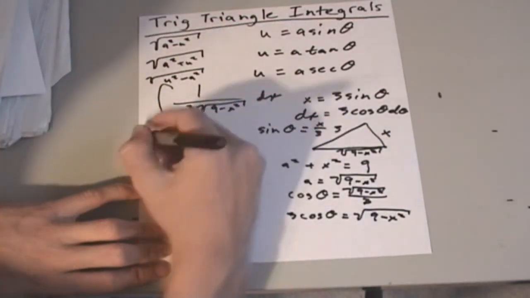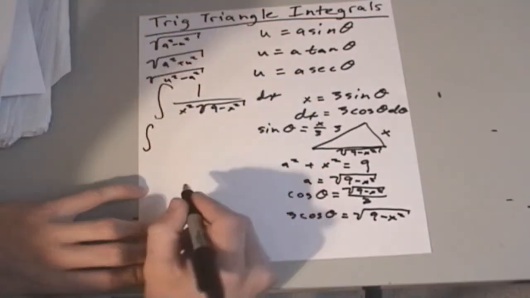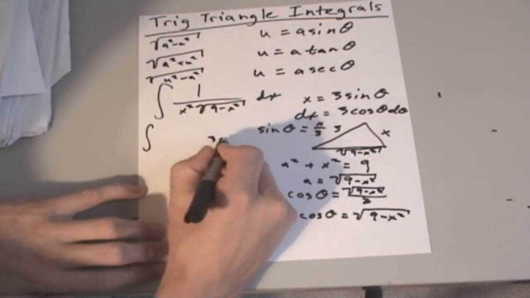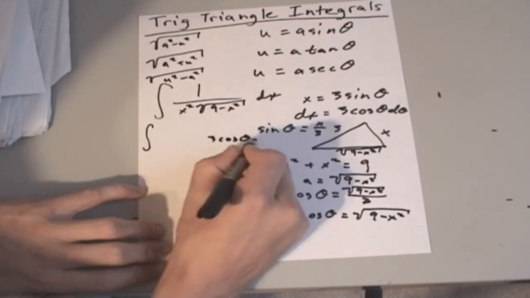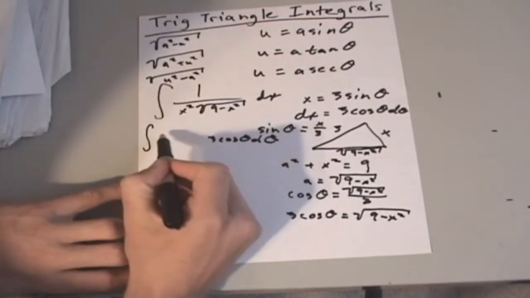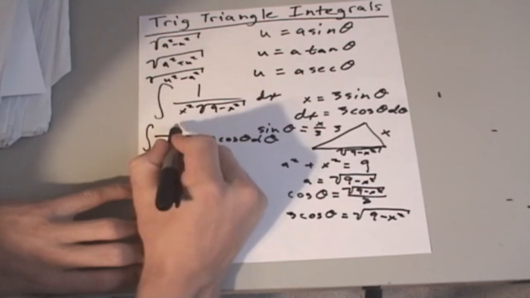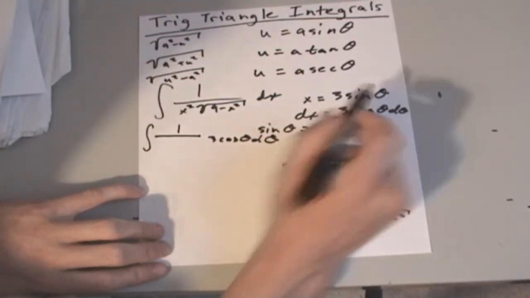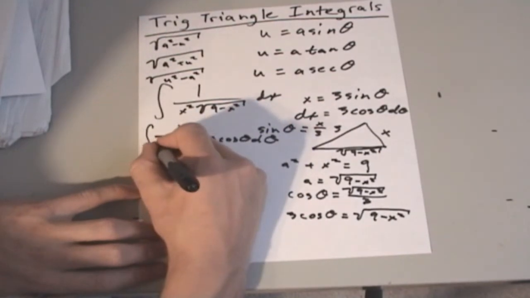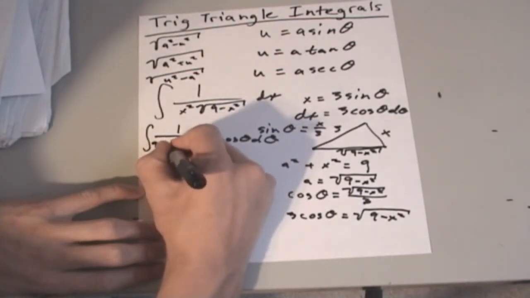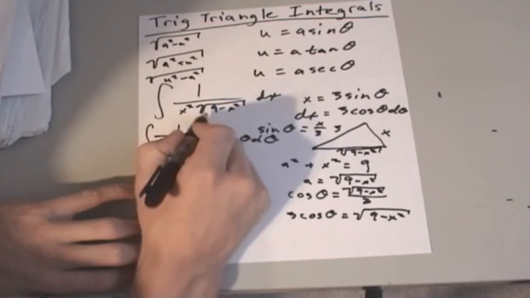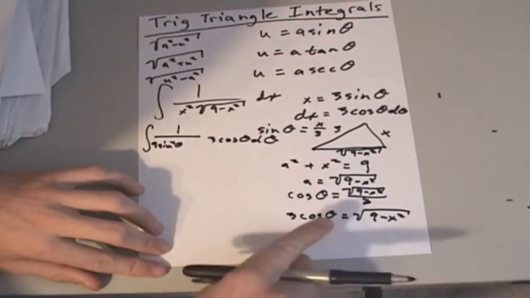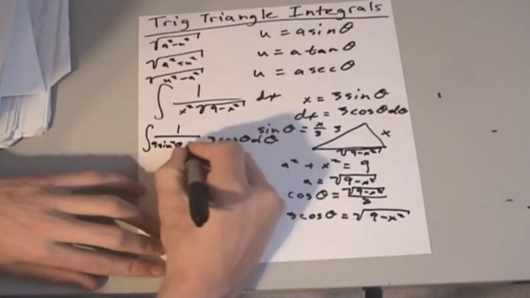Okay? So it's still the integral. We know that dx is 3 cosine theta d theta. x squared, well, we know that x is equal to 3 sine theta, so x squared would be 9 sine squared theta, and the square root of 9 minus x squared is right here, 3 cosine theta.